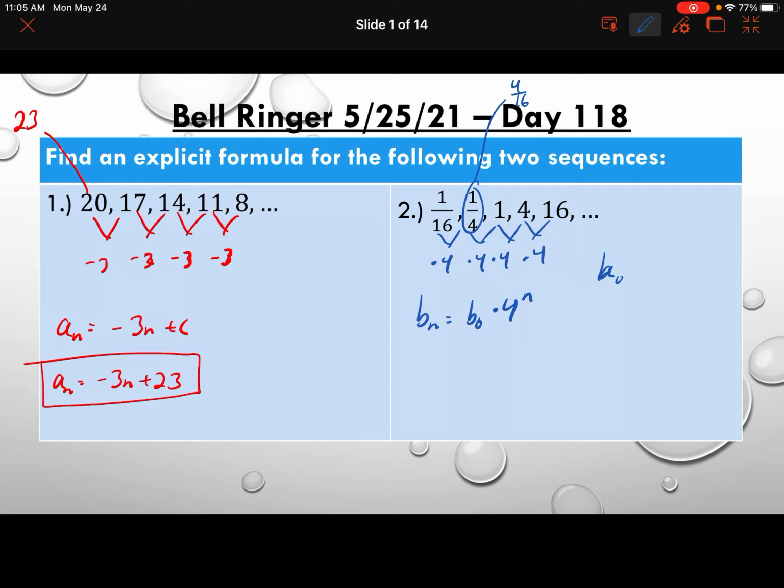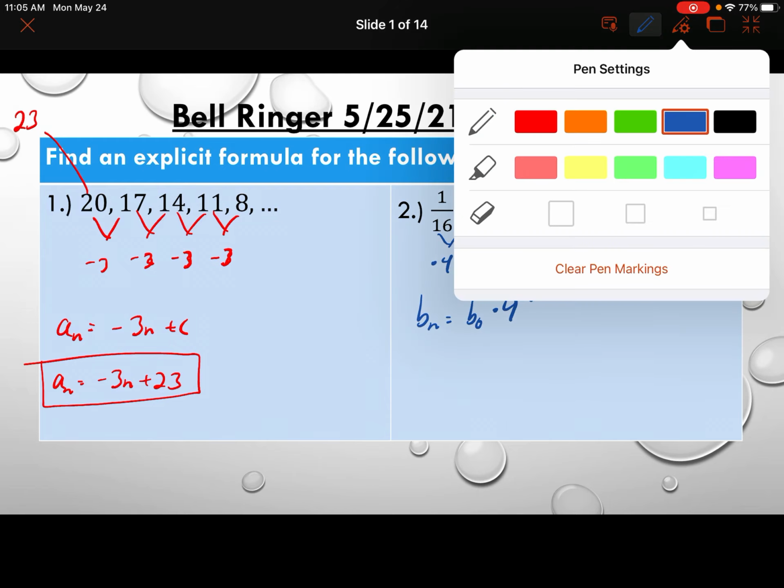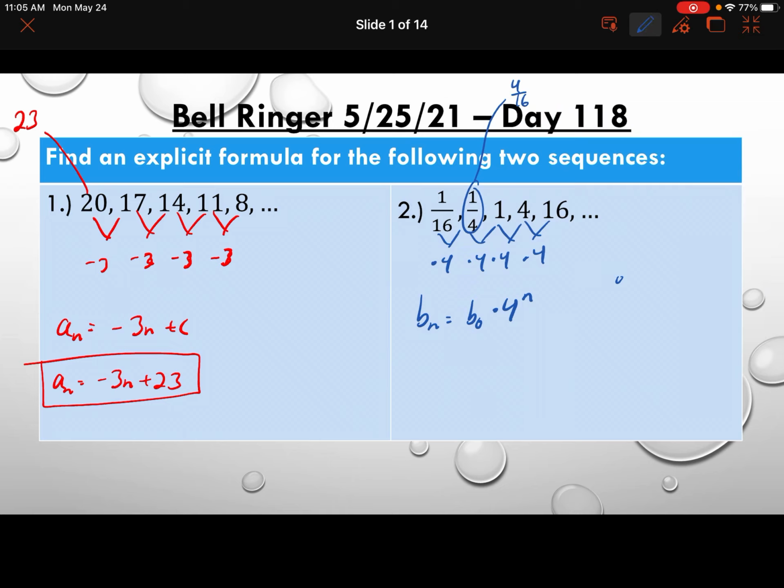The zero term for this sequence would be 1/16 divided by 4, which is the same thing as 1/16 times 1 over 4, which is 1/64. So that is the zero term, 1/64.